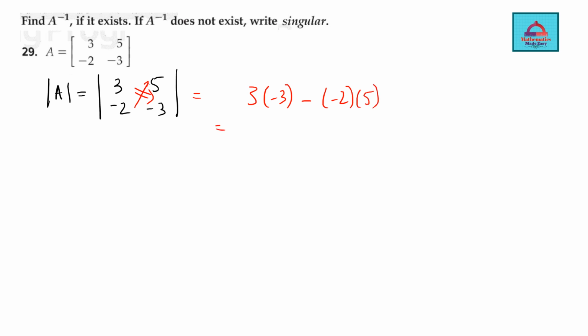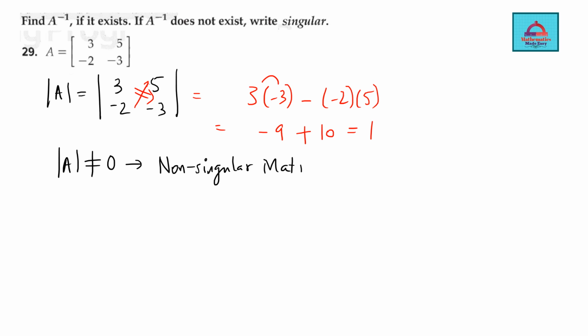So let's see what this comes to. 3 with 3 is 9, minus with minus is plus. So very good, this time the determinant is not 0. So if the determinant is not 0, we can say this is a non-singular matrix.